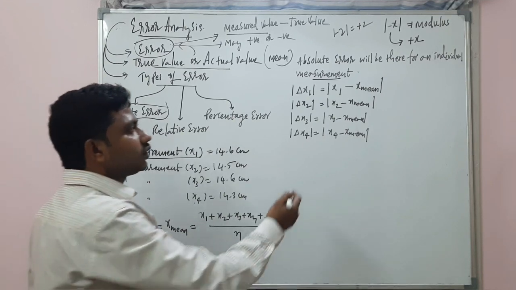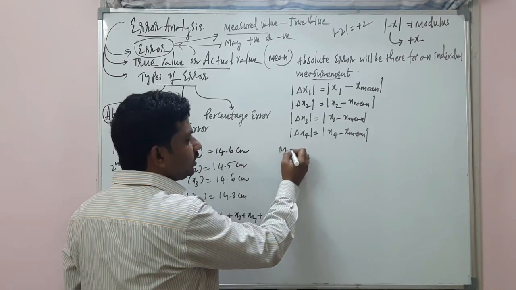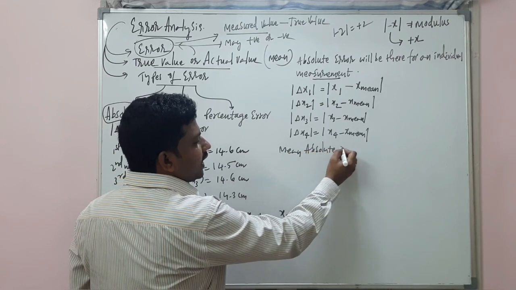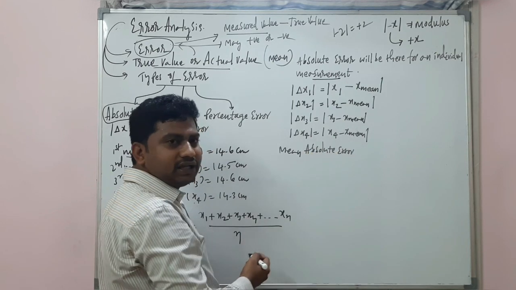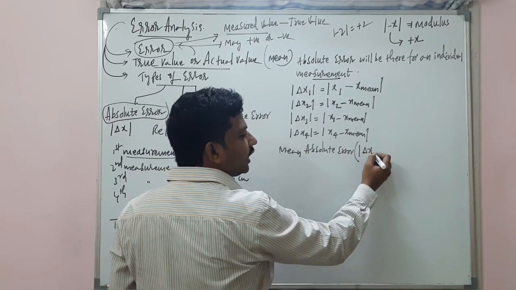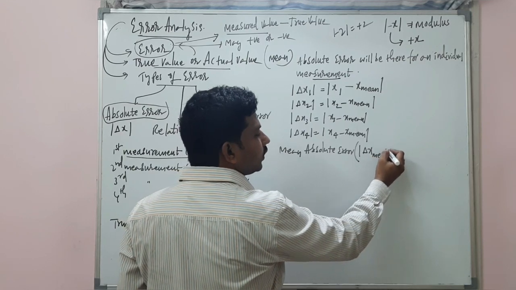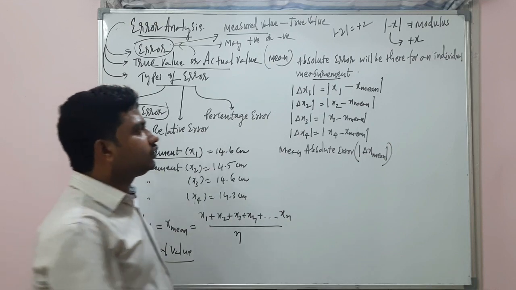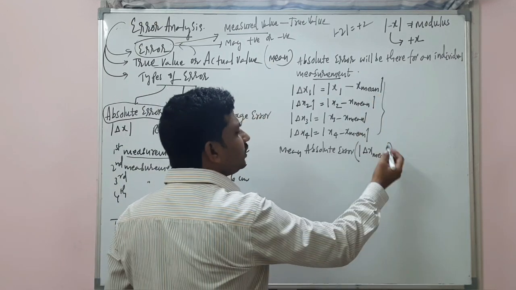Now, there is a mean absolute error. What is that? The concept is called the mean absolute error. Carefully see. Mean absolute error is denoted with the symbol mod delta x mean. It's so simple. From this you can write the mean value, right?